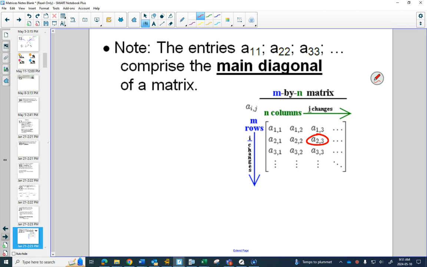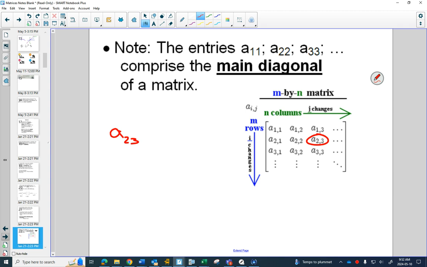And you will see that mathematicians sometimes put the comma, sometimes they don't. Sometimes they just would write this. It'd be obvious that the 2 stands for the row, the 3 stands for the column. You would need commas if you got to a matrix that was so big that it had more than 10 or 11 elements, because then it would be hard to tell which one's which.